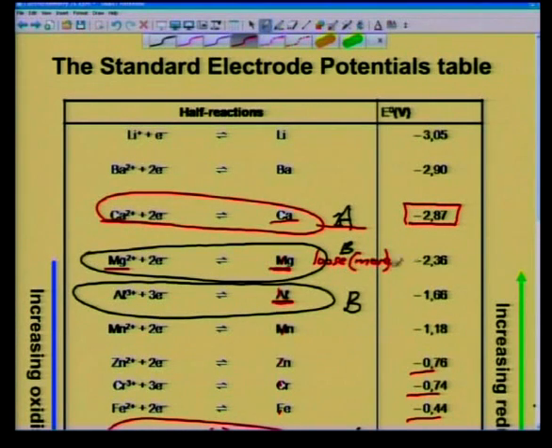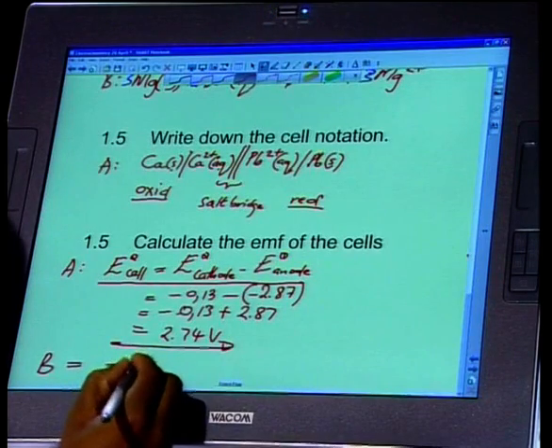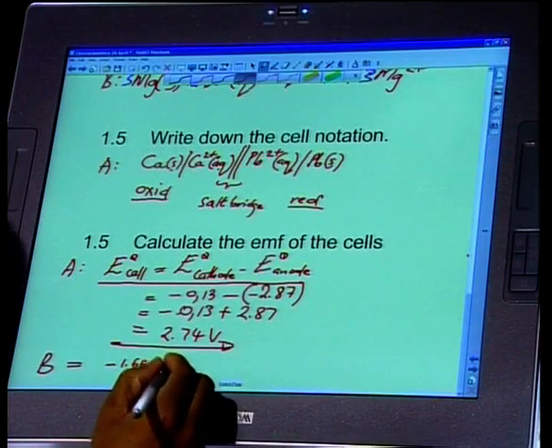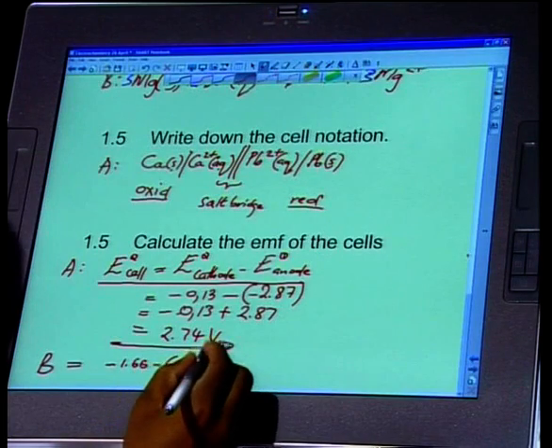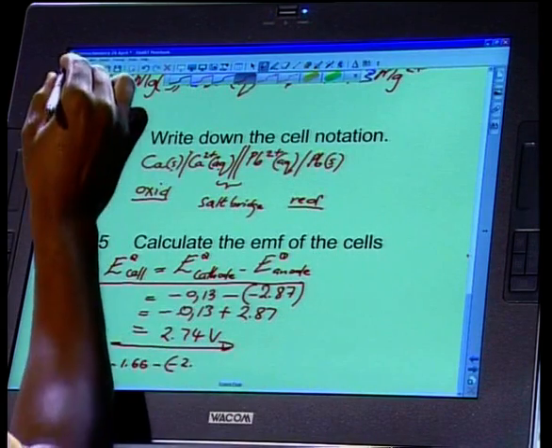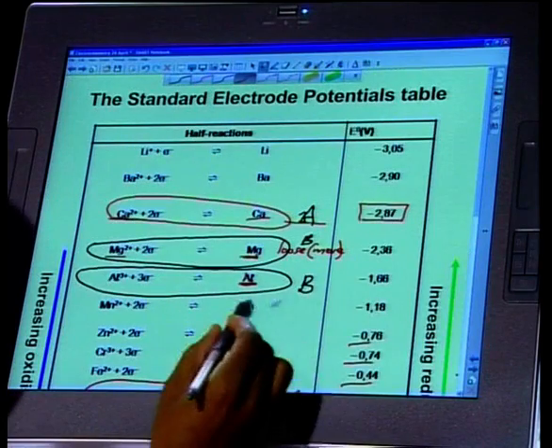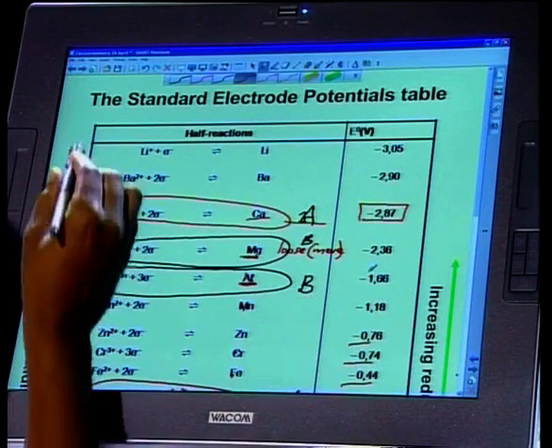Magnesium will be the anode, aluminium will be the cathode. 1.66, 2.36, right? So E cathode, minus 1.66, minus 2.36.